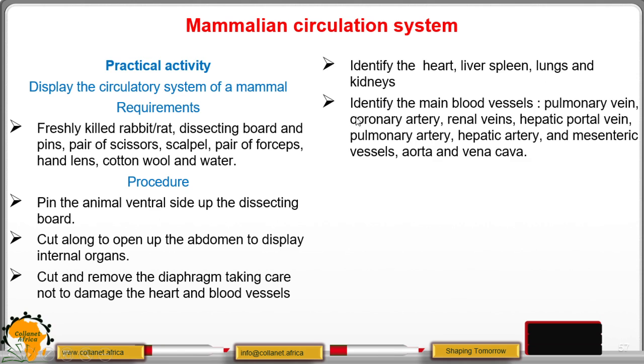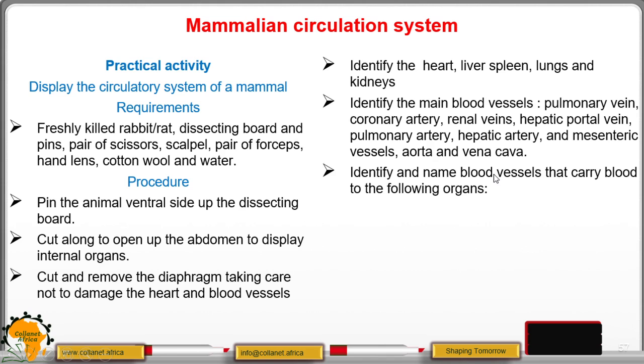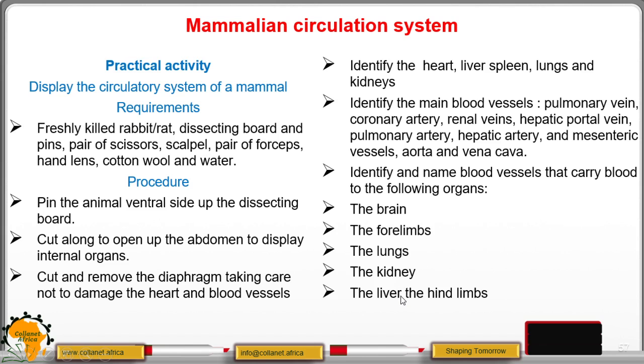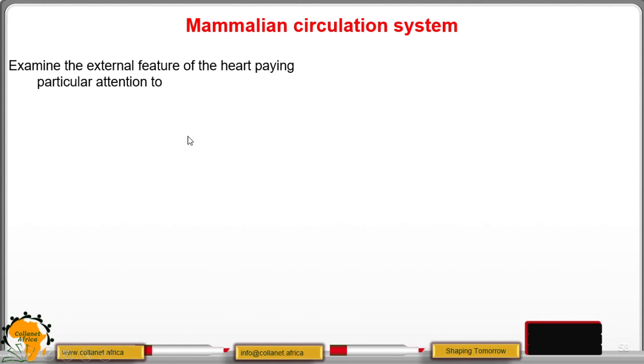Then identify the main blood vessels like the pulmonary vein, coronary artery, renal veins, hepatic portal vein, pulmonary artery, hepatic artery, the mesenteric vessel, aorta, and vena cava. Then identify and name the blood vessels carrying blood to the following organs: the brain, forelimbs, lungs, kidney, the liver, and the hind limbs.